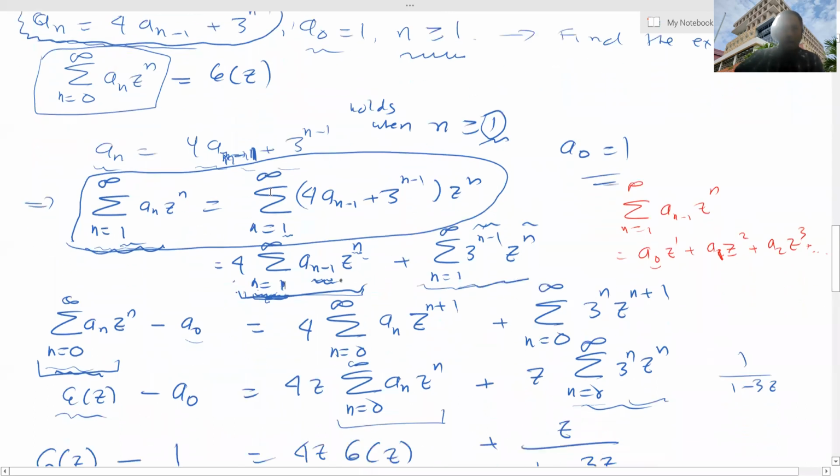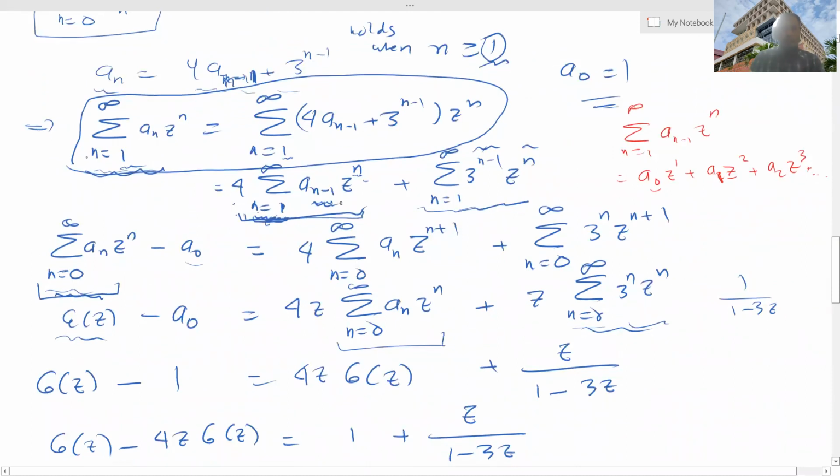And then the left-hand side here, try to write it down as GZ, where GZ is the general form. Now, because we start from 1, therefore this is GZ minus A0. And then you could plug in A0. Similarly, on the right, you do a manipulation on the indices. So for example, this starts from 1.